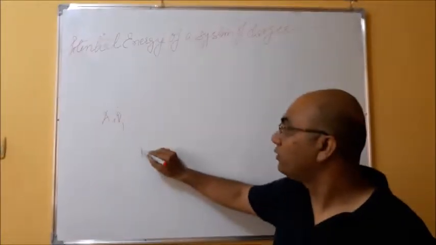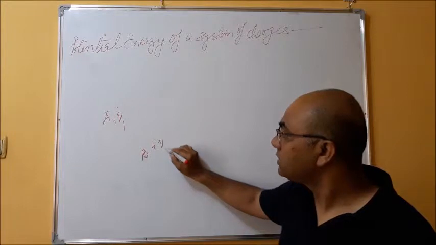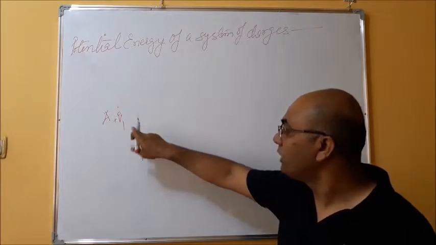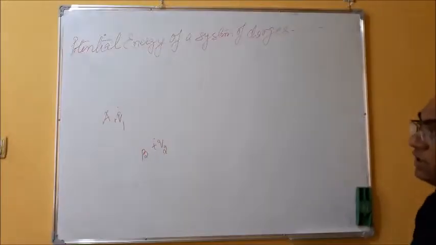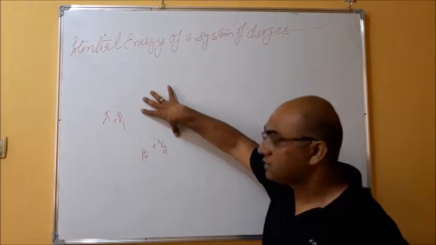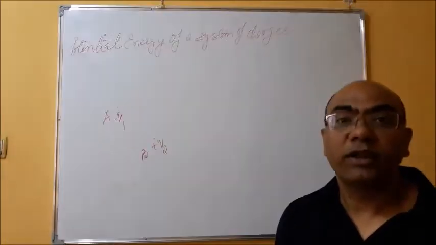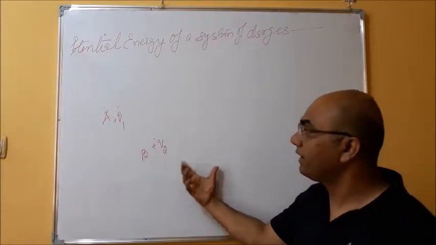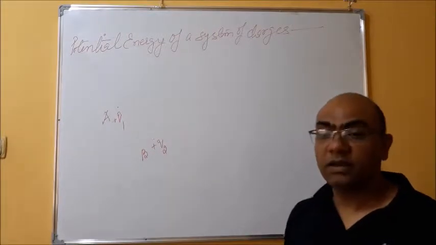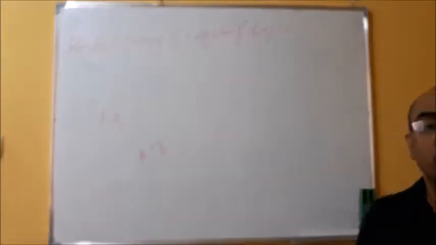Now suppose we have 2 point charges, plus Q1 at A and plus Q2 at B. In this case we have also seen what would be the value of potential energy in bringing these 2 point charges to points A and B, right?